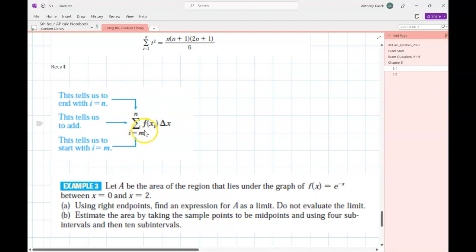So for this sum, we do f of x sub m times delta x plus f of x sub m plus 1 times delta x, and so on, all the way out to f of x sub n delta x. Is everybody okay with that notation?